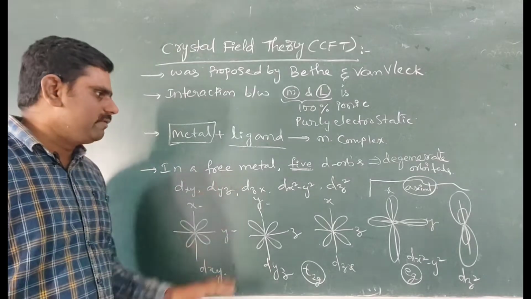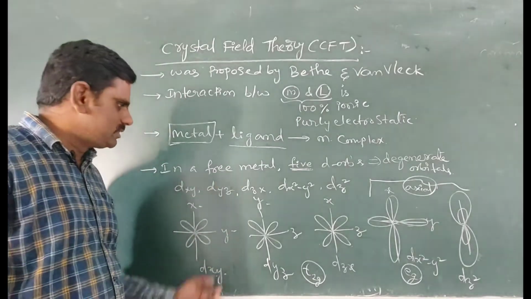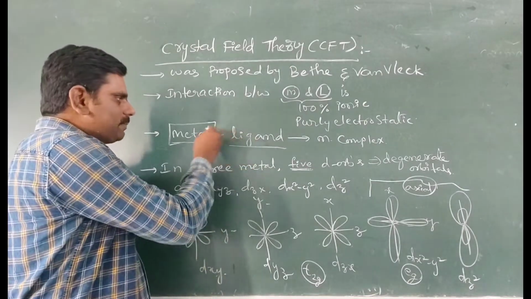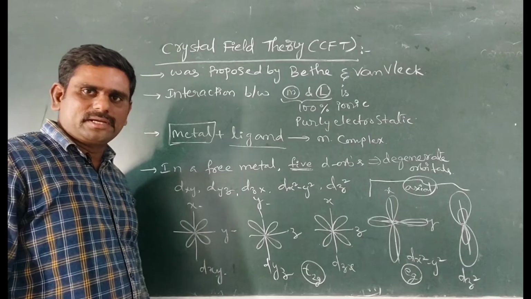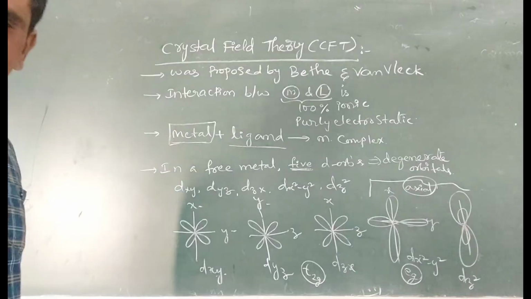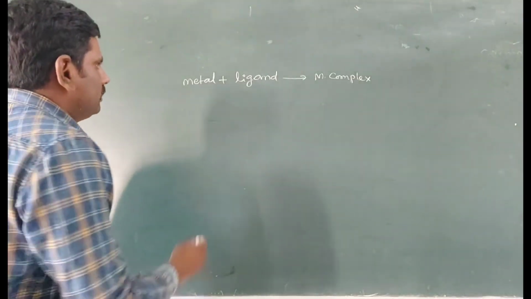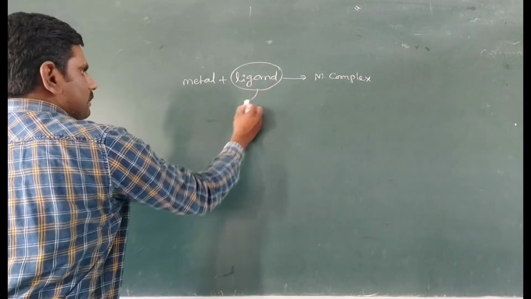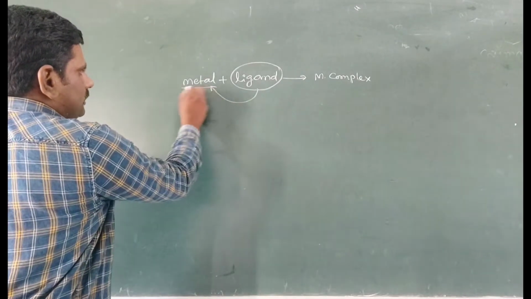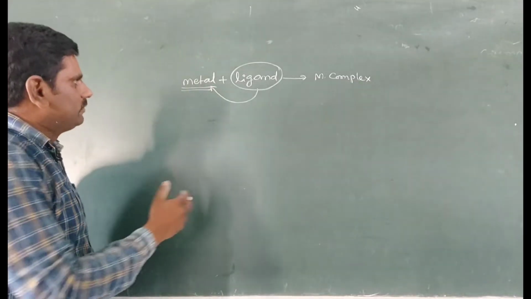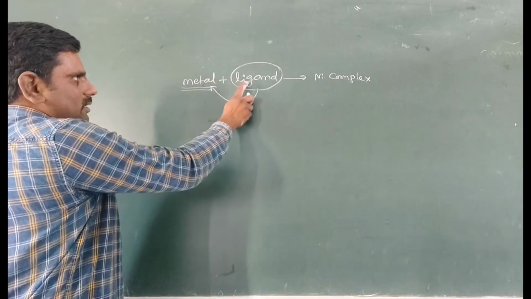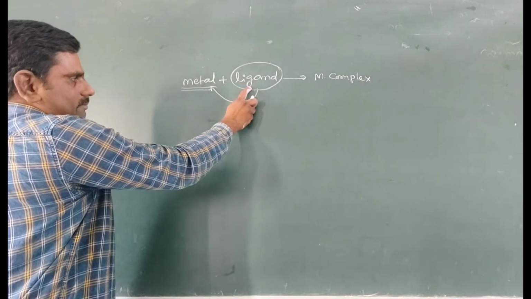So these 5 orbitals have the same energy in a free metal. When a ligand is approaching a free metal for the formation of a metal complex, what will happen? We will see now. When ligand orbitals are approaching the metal ion orbitals, a repulsion develops between the electrons present in the metal ion d orbitals and the negatively charged ligand.